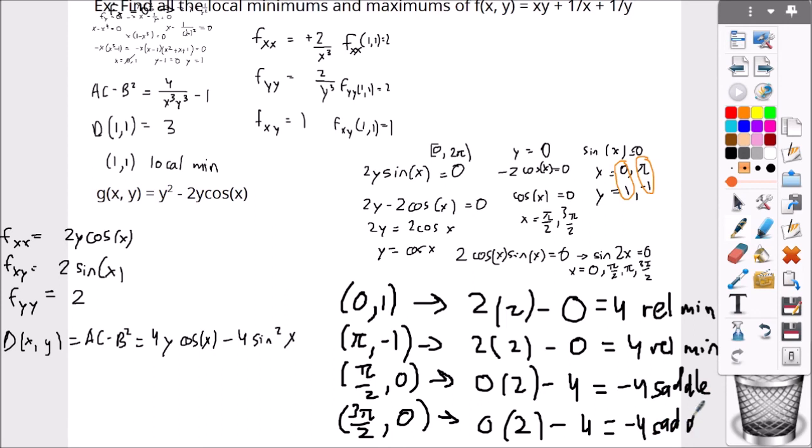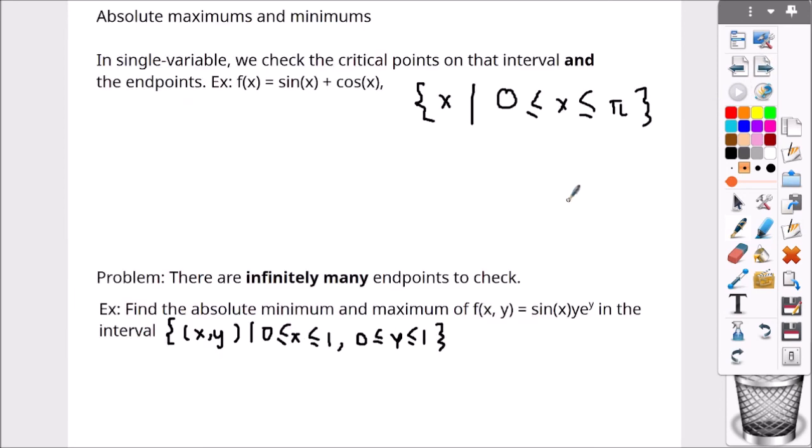So those are your points. I'll probably graph this later to see if I'm right. I hope there isn't a random relative max somewhere. But yeah, that is how you find the local minimums and maximums.